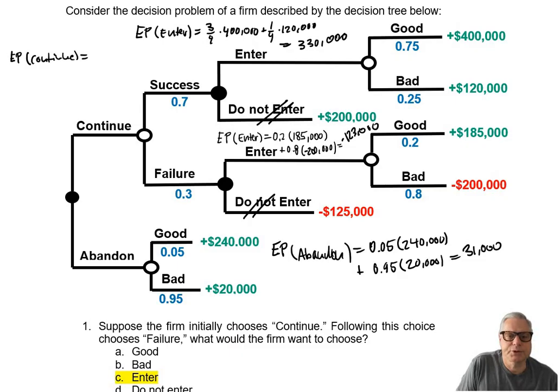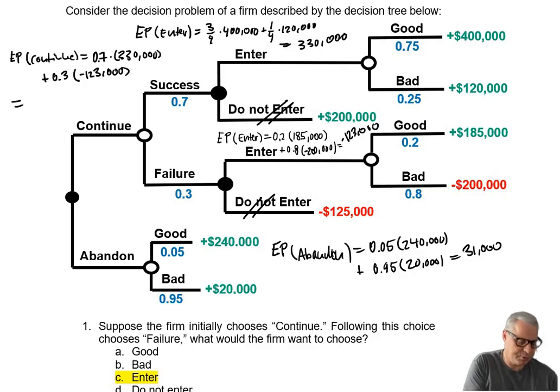With probability 0.7, we get 330,000, because we eliminated do not enter, plus with a probability of 0.3, we get negative 123,000. This is what we need to evaluate against the 31,000.